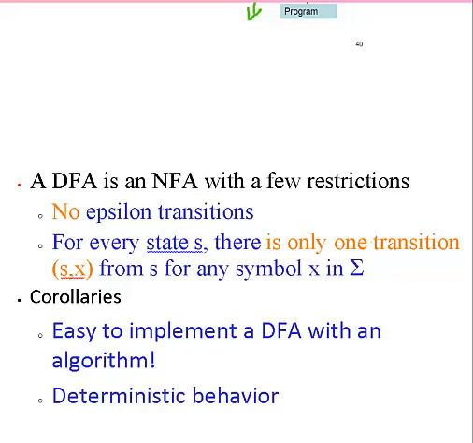So there are no multiple transitions like we had in the NFA. That is, on a state, taking X as an input, you go to one state only. A DFA is easy to implement with an algorithm, and it has a deterministic behavior. That is why we are doing this.